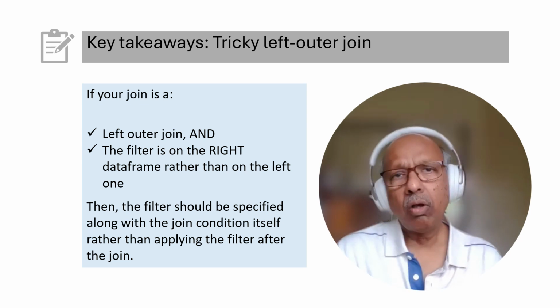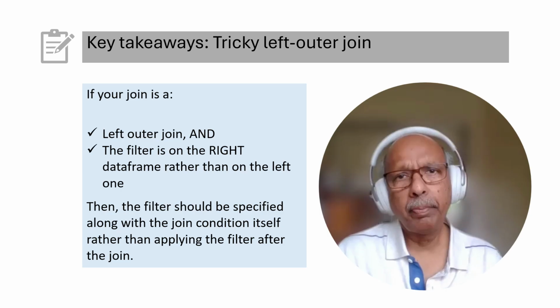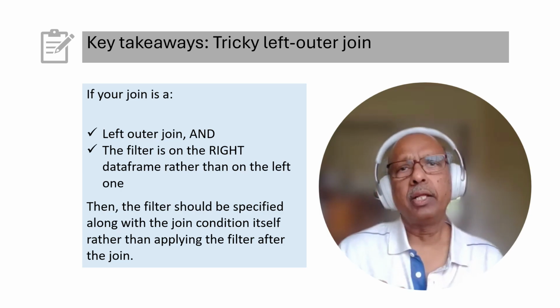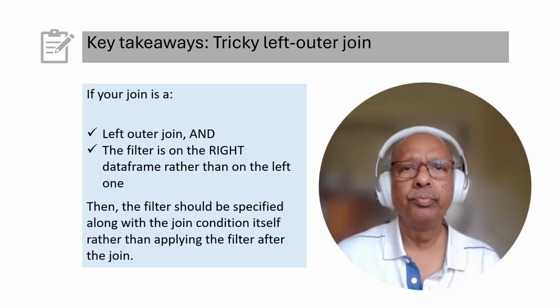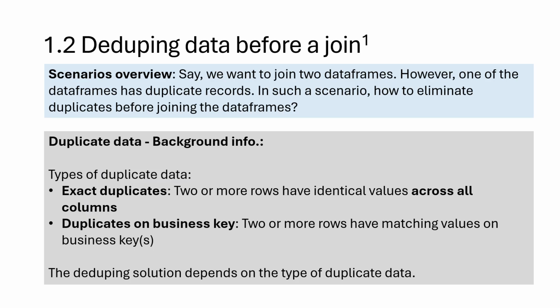Now that we have seen how a left outer join can trip us up, let us look at another common one that you might run into. Deduping data frames before a join. The high level view of the scenario is that, say we want to join two data frames.